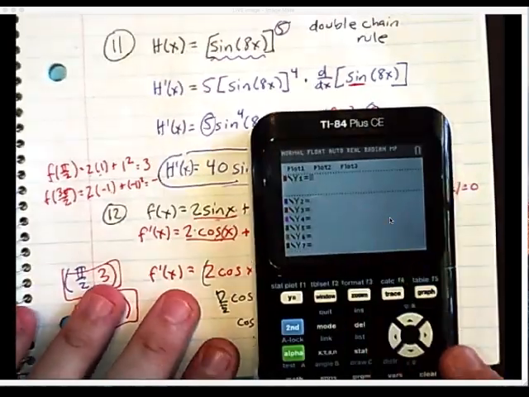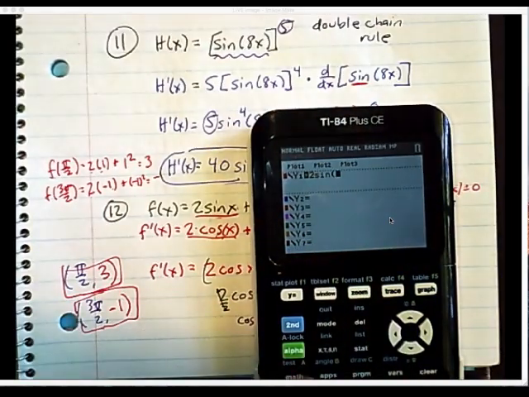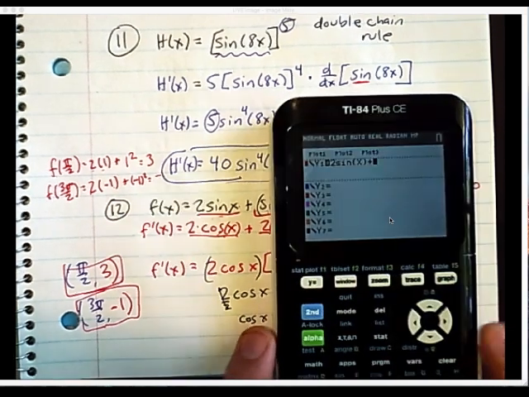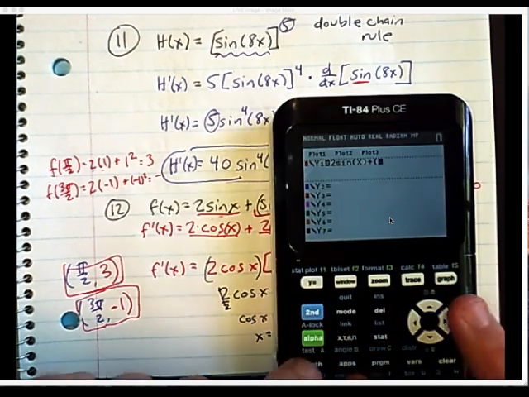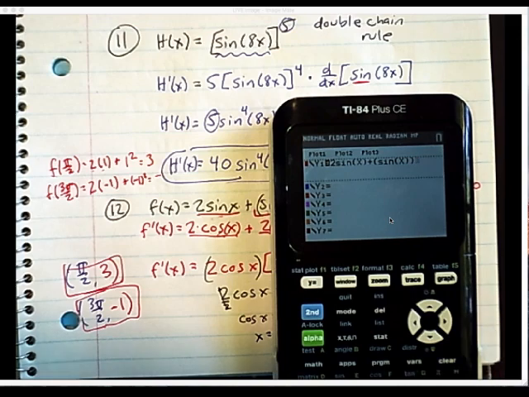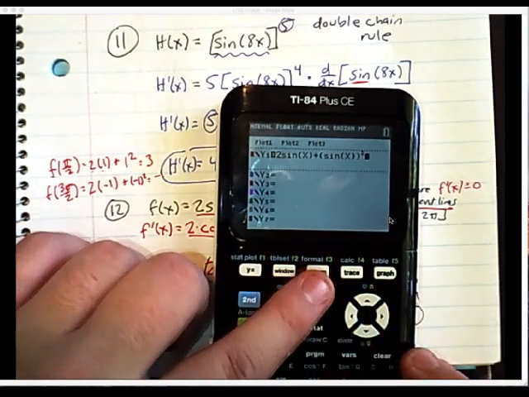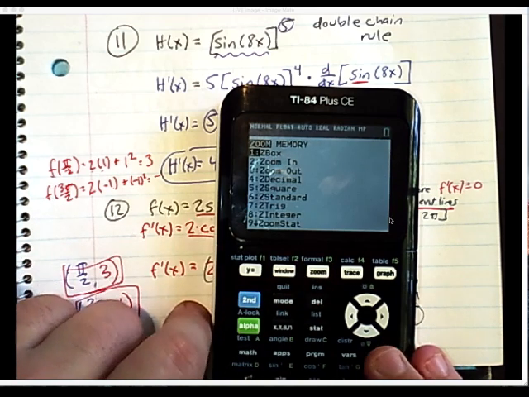So let's just check ourselves real quick. Let's graph 2 sine of x plus sine of x squared. Let's do zoom trig, zoom number 7.